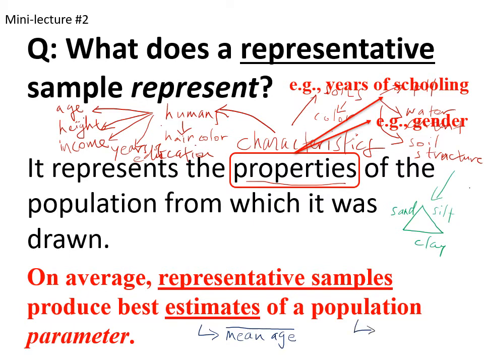Whereas the population parameter will refer to the mean age of the whole population. Whereas the estimate is going to be the mean age of the sample.